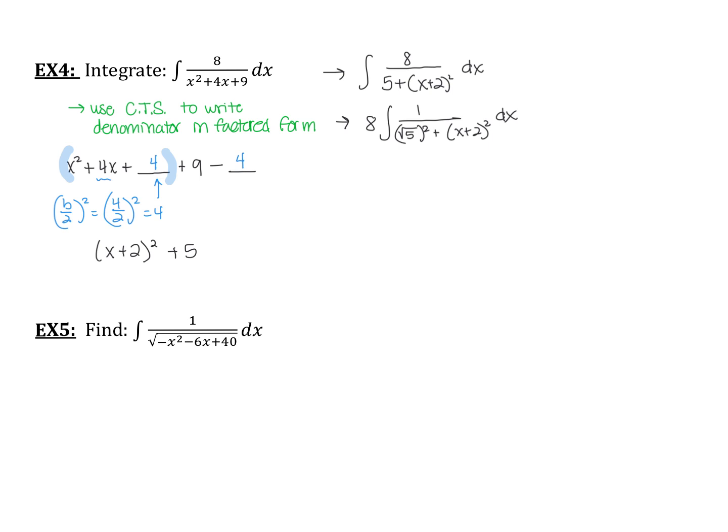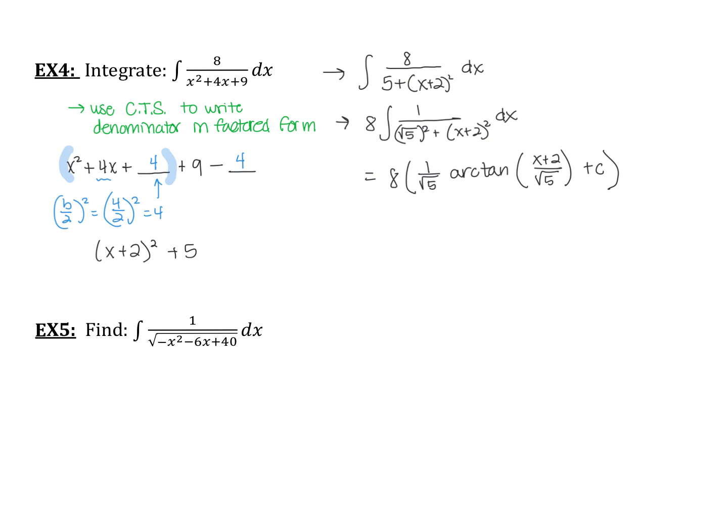Now my constant is root 5, and then the function that is in it is x plus 2. So the antiderivative here would be 8 times 1 over root 5 arctangent of x plus 2 over root 5 plus c. And this would be my antiderivative.